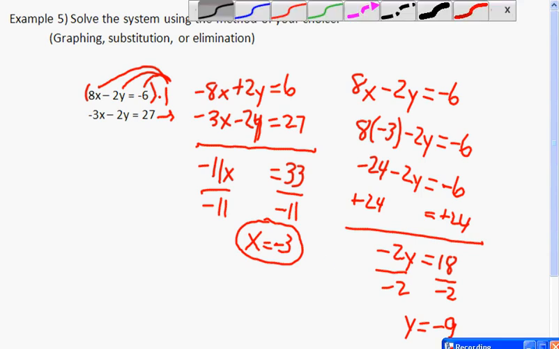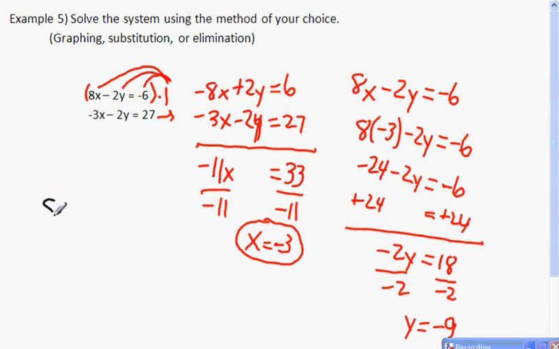And we find out y equals negative 9. Giving us our solution or point of intersection, negative 3, negative 9. We've covered when we'd probably want to use substitution, when we'd want to use elimination.